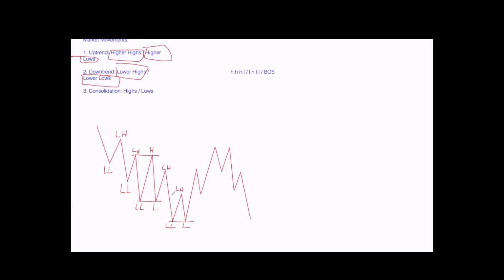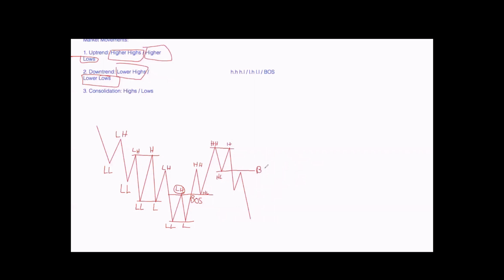So again, right here, the market broke structure. So here's our break of structure. Right here, once we broke our previous lower high, forming a higher high, we then came down and formed a higher low. We formed a higher high, higher low, a high, because we respected the same area of resistance, and then the market ended up breaking structure.